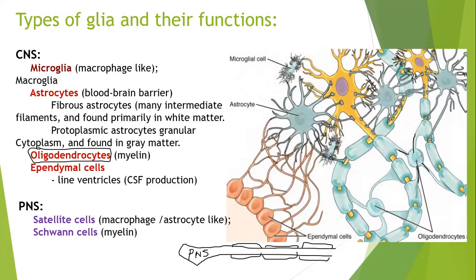Similarly, a single oligodendrocyte can myelinate several neurons. So it may go to myelinate this neuron, then it forms an extension to myelinate another neuron, and another extension may go to the same neuron, or it may go to a different neuron.